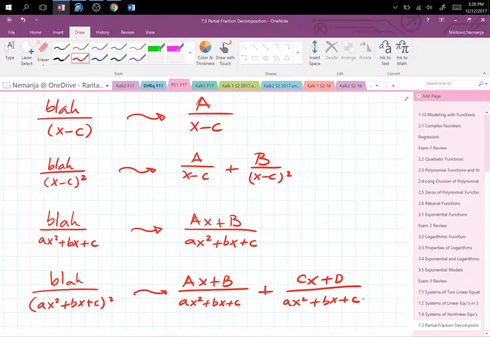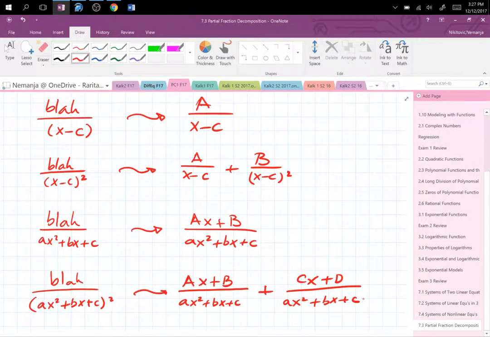Now, the first observation is, if these are linear, you only have A and B, no x values. If they're quadratic, then you go one order less, and there's your Ax, and there's your Cx, and so on. So you see that the order of the numerator is always 1 less than the order of the denominator. And then you also see the repetition.